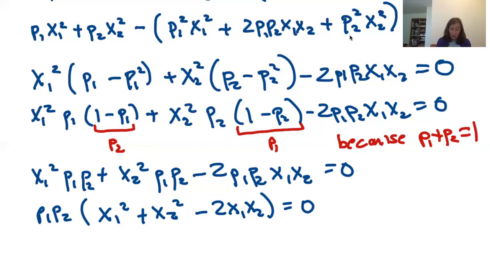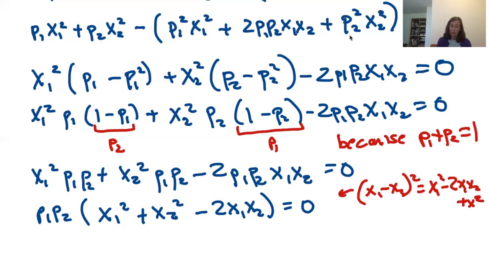Oh, and look at this. Look what I've got in parentheses here. It's written in a different order than we otherwise would, but this is the formula for x1 minus x2 squared. Remember that x1 minus x2 squared equals x1 squared minus 2 x1 x2 plus x2 squared.